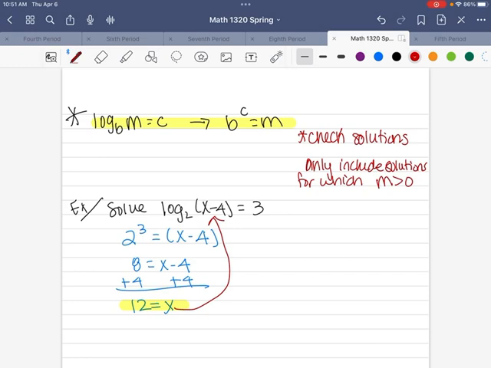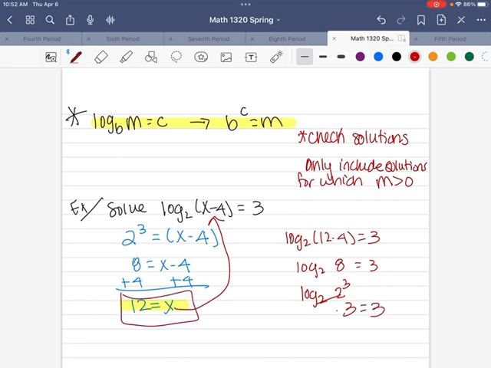So if we plug in 12, we get log base 2 of 12 minus 4. 12 minus 4 is 8. And this ends up being true because we can rewrite the 8 as 2 to the third power, and then those cancel, and we get that 3 equals 3. So our answer checks out. Let's do another one.